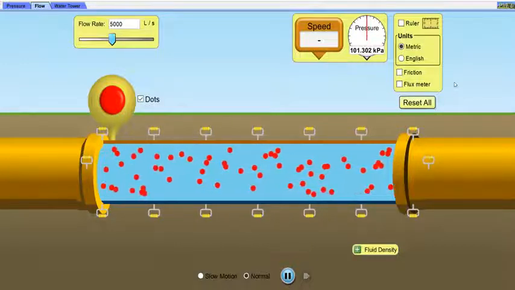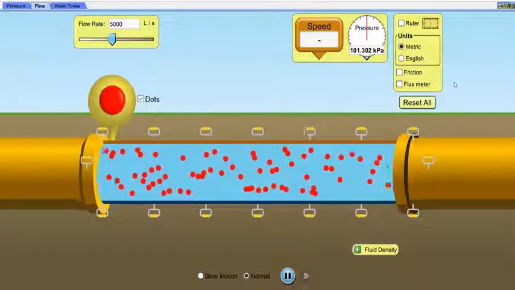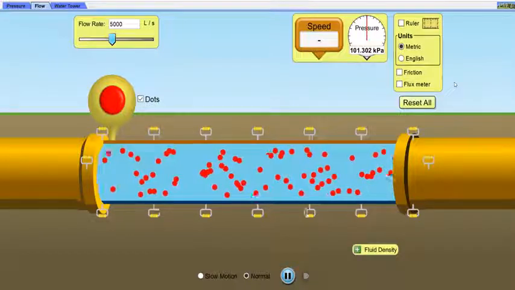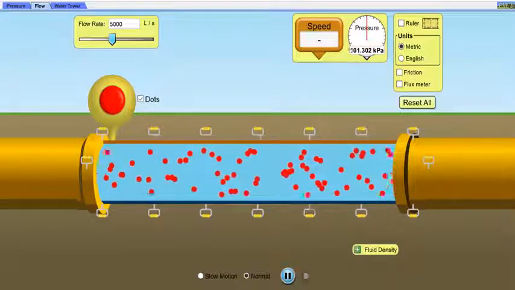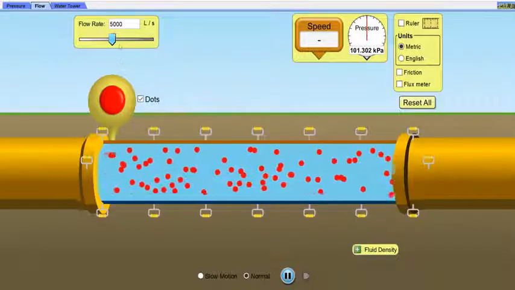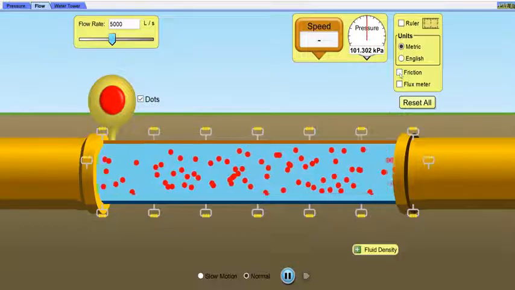In this beautiful simulation of fluid dynamics, we will learn various concepts like what is equation of continuity. We will measure the speed and pressure of this fluid at various points. We will also vary the flow rate of this fluid and will add friction to it.